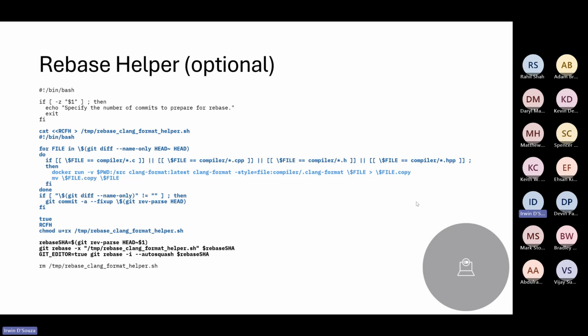The reason this doesn't work if you have multiple commits with the same file is because of the way git rebase -x works: it first applies the commit, then formats the file and creates a new commit which gets squashed. But if you have two commits in the same file, you're going to hit a merge conflict when that happens.